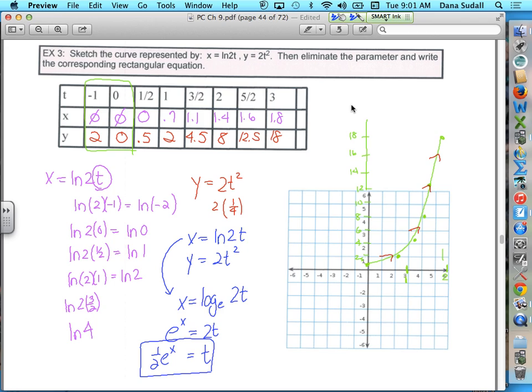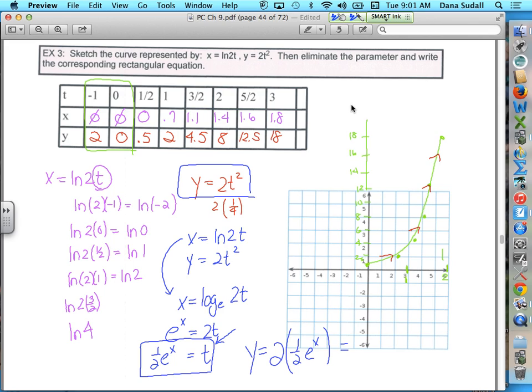The reason why I want to get the t by itself is because then I can take my equation for y and I can take out the t and I can replace it with what t is equal to in terms of x, which is 1/2 e to the x. And if I multiply those two things together there, oh wait, I forgot my square.